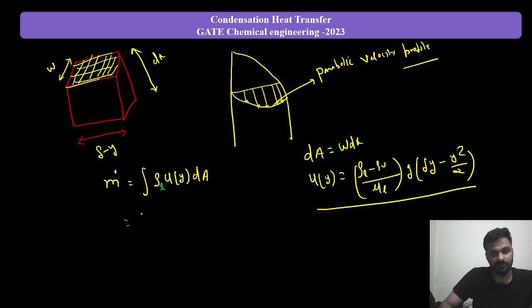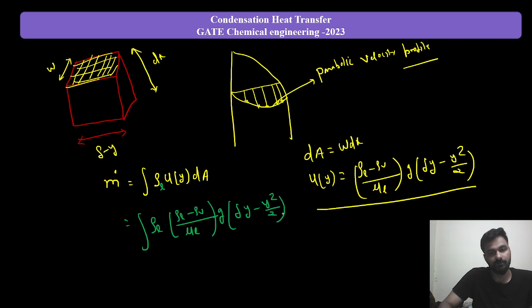So can I substitute the value here? That is rho L, and the value of u(y) is rho L minus rho v upon mu L, where mu L is the viscosity of the liquid condensate, right? Times g into delta y minus y square upon 2, and that is W, and that is dx, right?